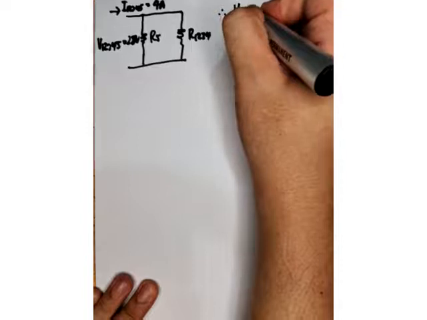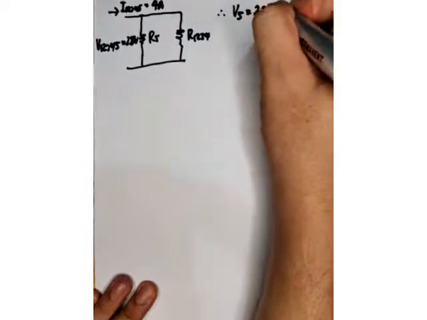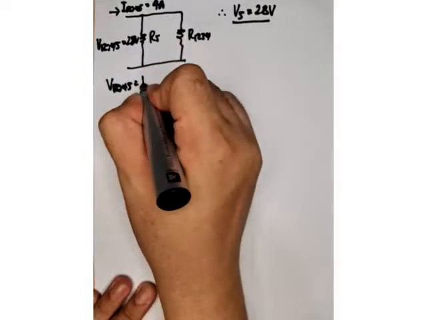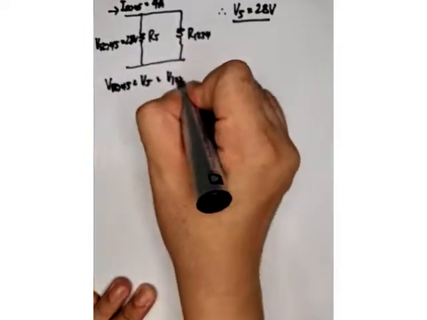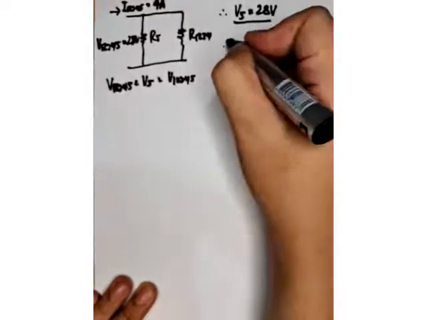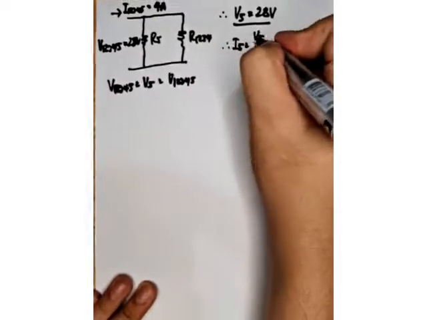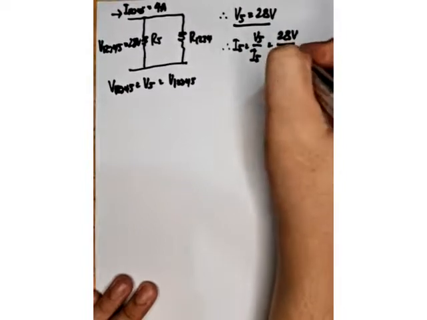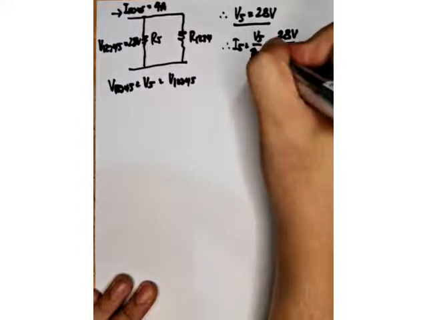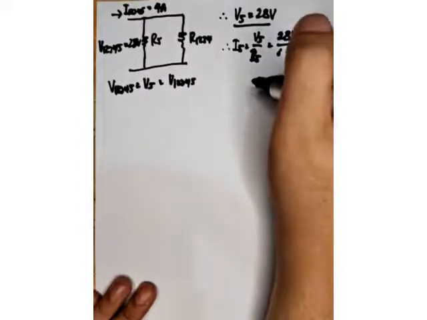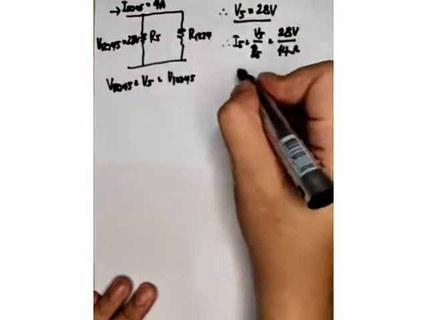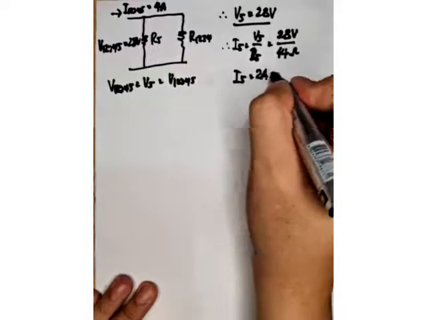Since it is parallel, V5 is also equal to 28 volts, because V12345 is equal to V5. Therefore, I5 is V5 over R5 based on Ohm's law. That's 28 volts over R5, and R5 is 14 ohms. So our I5 is 2 amperes.